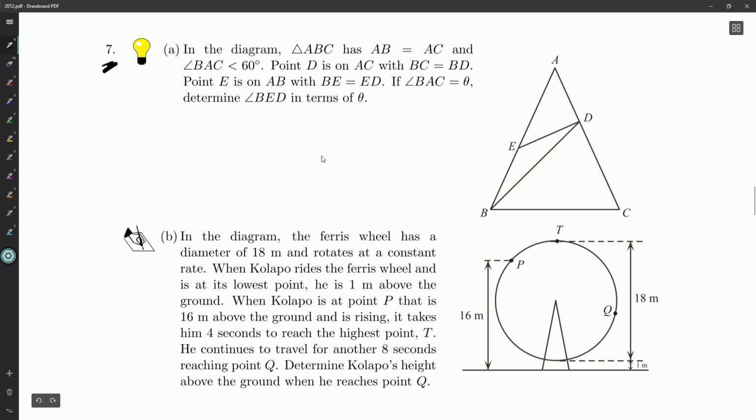So A, in the diagram, triangle ABC has AB equal to AC, so we've got an isosceles triangle. And we know that angle BAC, that's this one here, is less than 60 degrees. Point D is on AC with BC equal to BD.